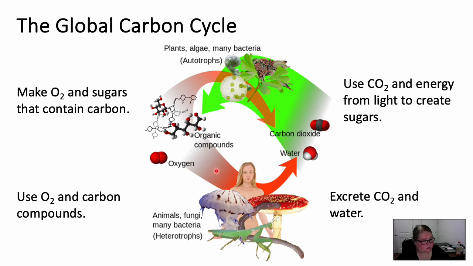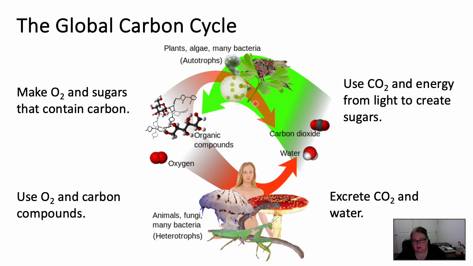Well, heterotrophs use oxygen gas. Well, a lot of them use oxygen gas, some don't. Okay, but they all use these carbon compounds. They use these sugars. So they're going to ingest them, and they're going to break those sugars down into CO2 and water. And both of the CO2 and water are going to go into the cycle and be used by autotrophs again. And it's just going to keep going round and round and round, feeding the cycle.